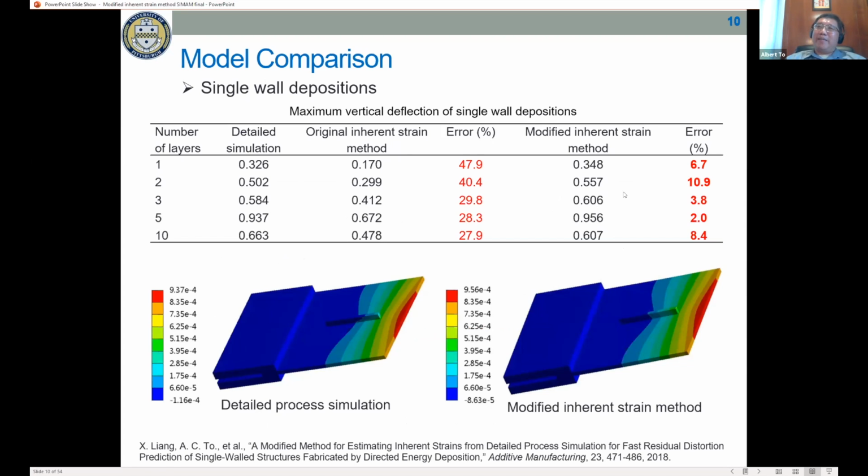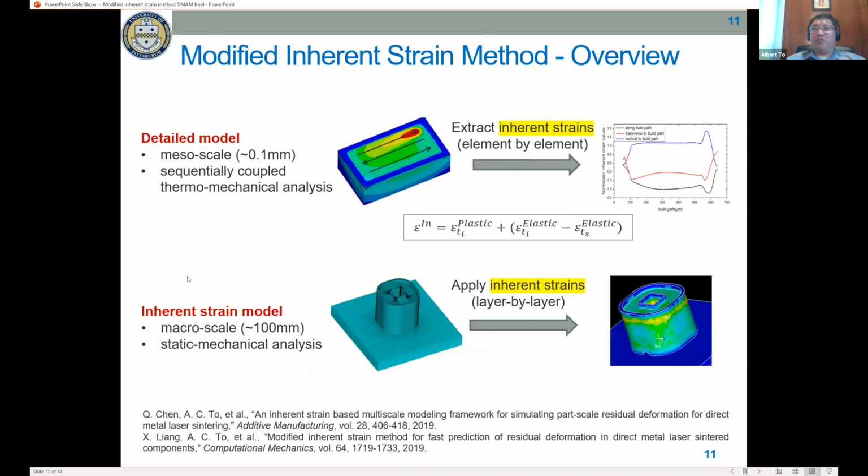And the errors become a lot less, going from 28% to almost 50% down to less than 11%, for different numbers of layers of deposition. So we got a lot better results, and for a much faster, much more efficient simulation time.